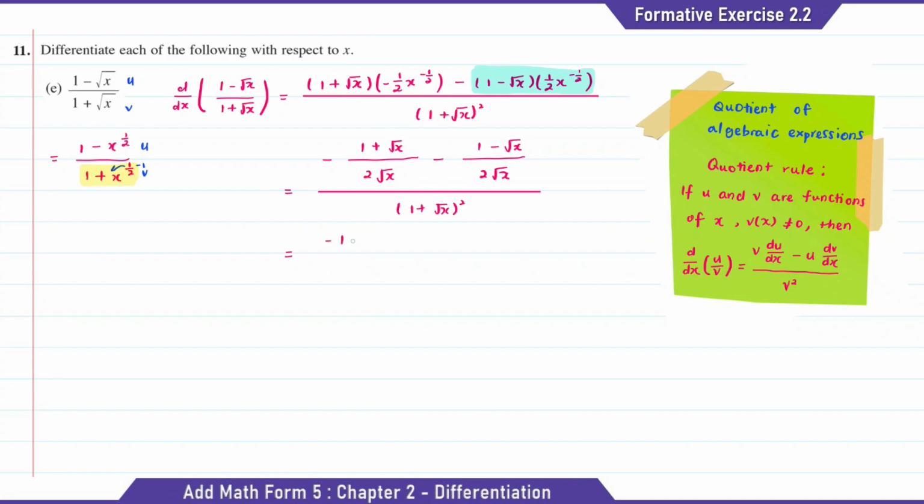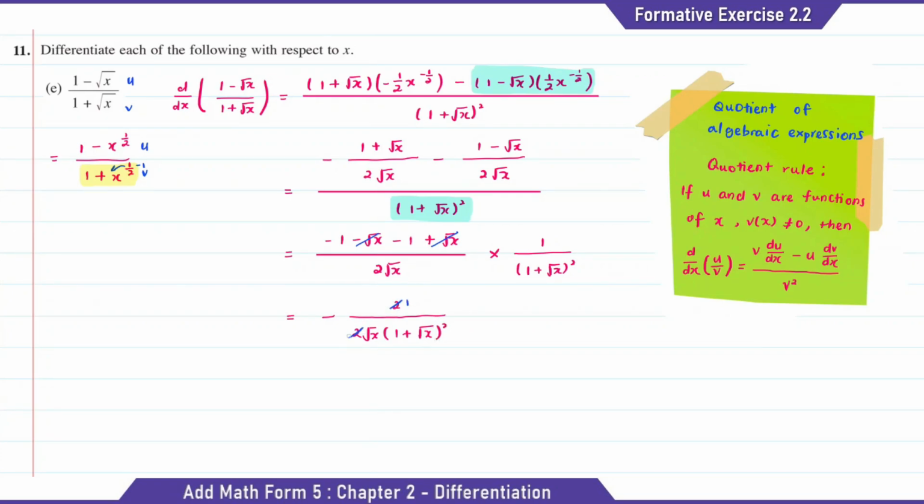This will equal negative 1 minus square root x minus 1 plus square root x over 2 square root x. And for the part divided by v squared, I can write this as multiply 1 over 1 plus square root x squared. So here the negative square root x plus square root x will be cancelled. What is left will be negative 2 over 2 square root x times 1 plus square root x squared.